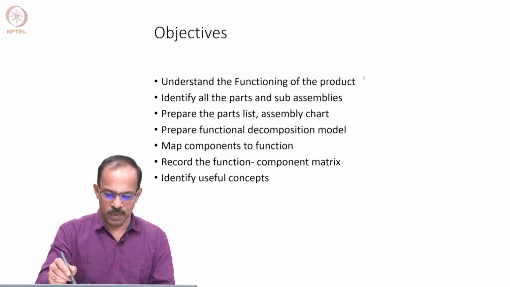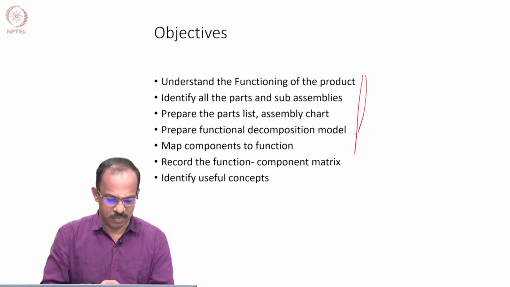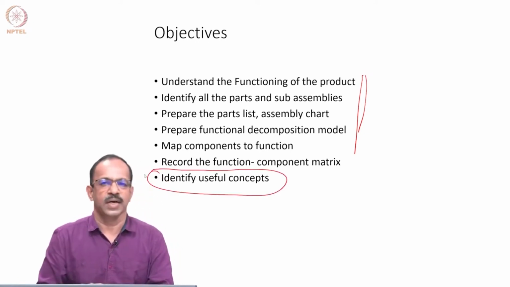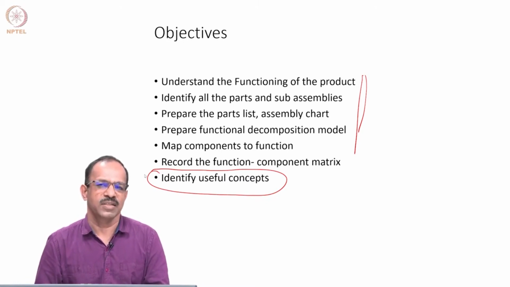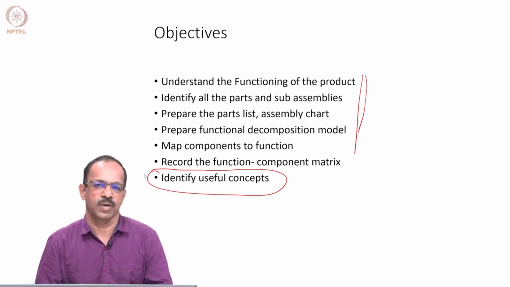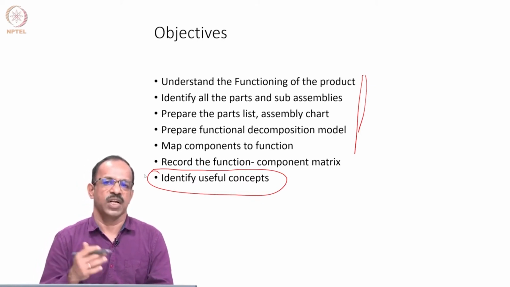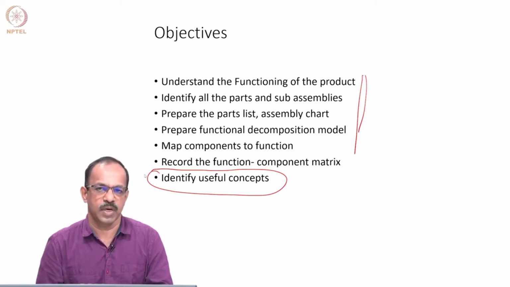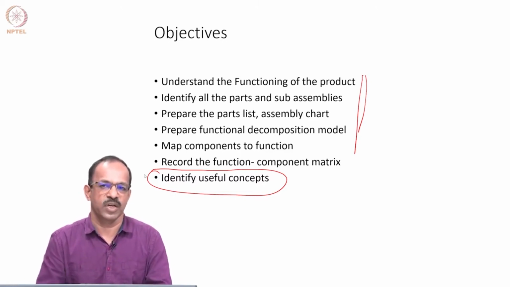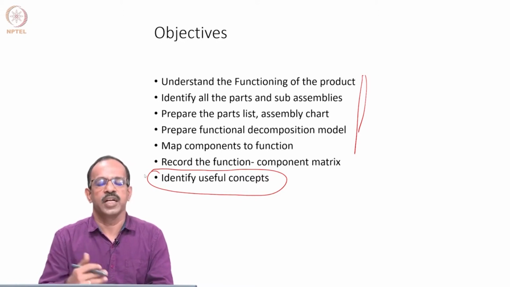So the objective almost remains the same, but here you identify the useful concepts employed by the designer, and then see what kind of concept variants exist for the same application. The designer has used a particular concept, but through the previous exercises and your exposure to the products, now you know that it can be done in a different way also.